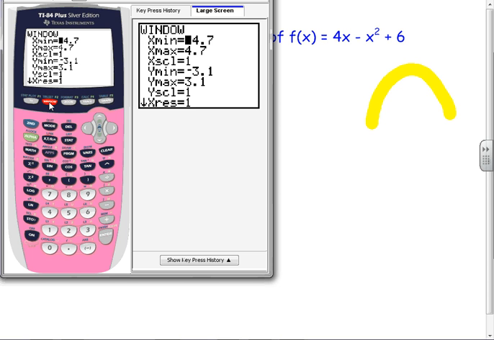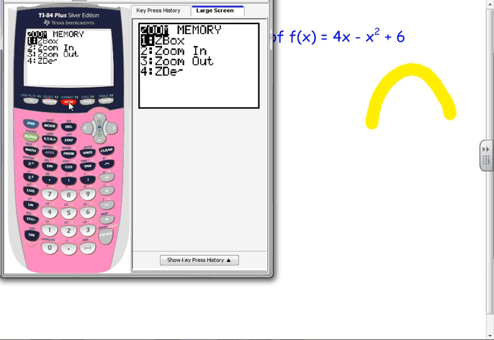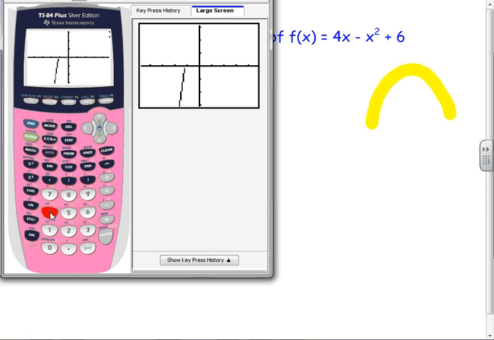Now, I want my window to go from 0 to 4. I like zoom decimal, because then I get nice tracing numbers, so I'm just going to leave it. So if you zoom 4, you'll be okay. Whoops. Now, I'm glad this happened. There's no problem with my parabola.